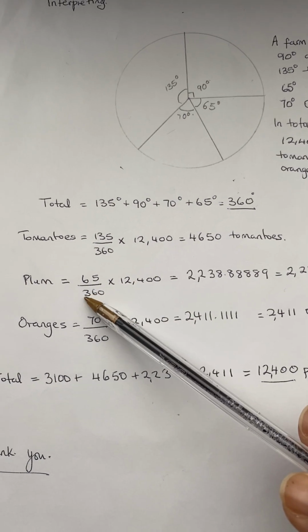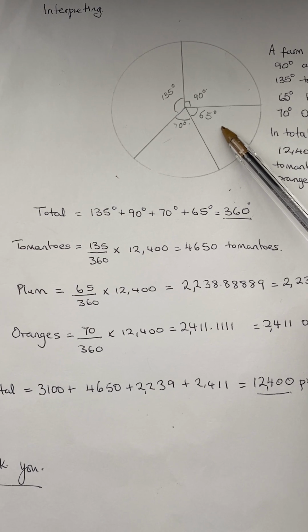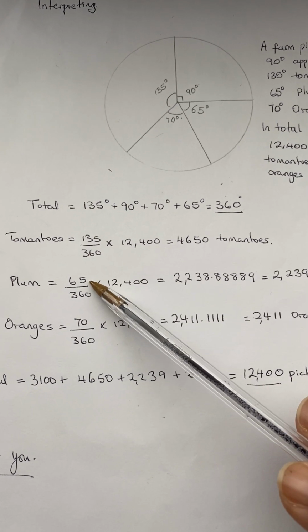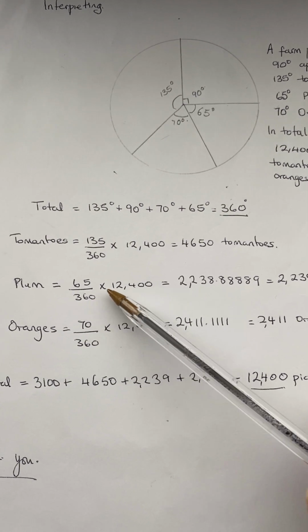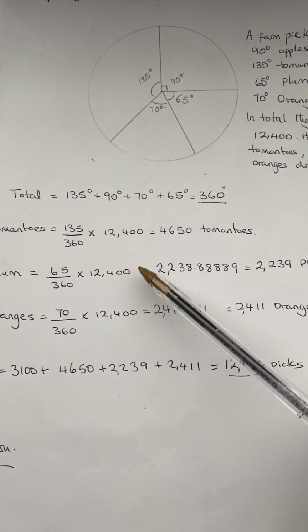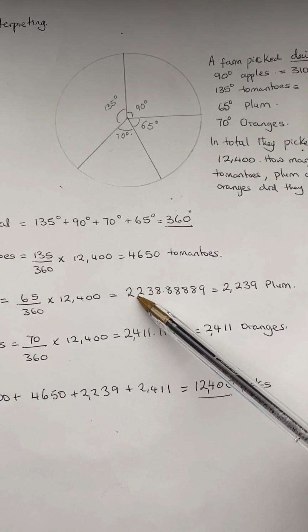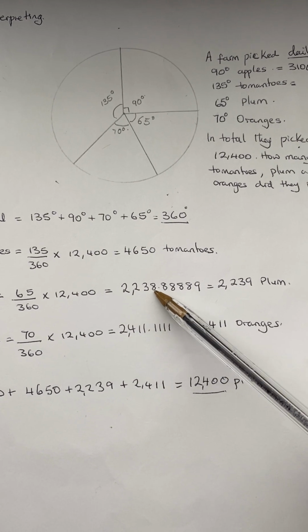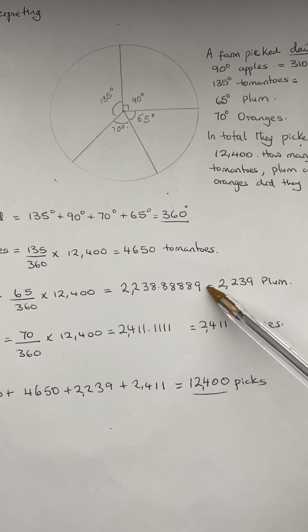Now let's look at the plum. When you look at here, they had 65 degrees. So 65 divided by 360 on the calculator. Then you multiply by 12,400. Now on the calculator, you come up with the answer 2238.88889.